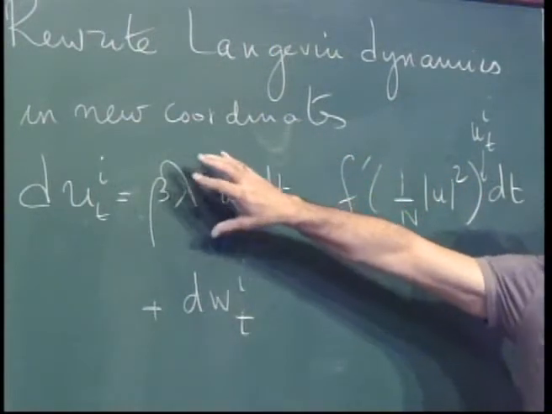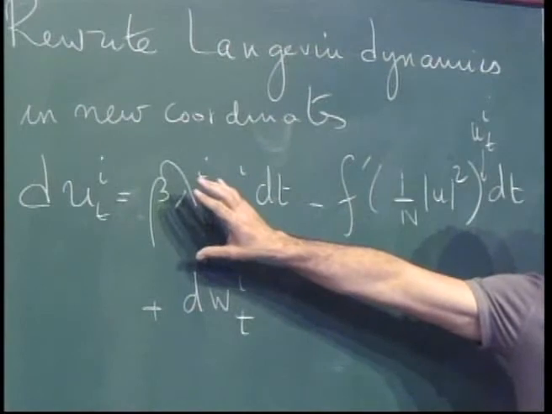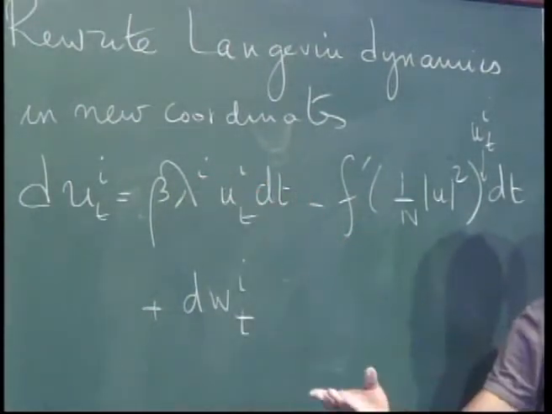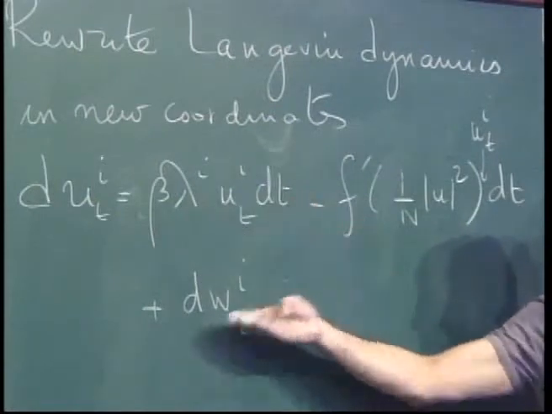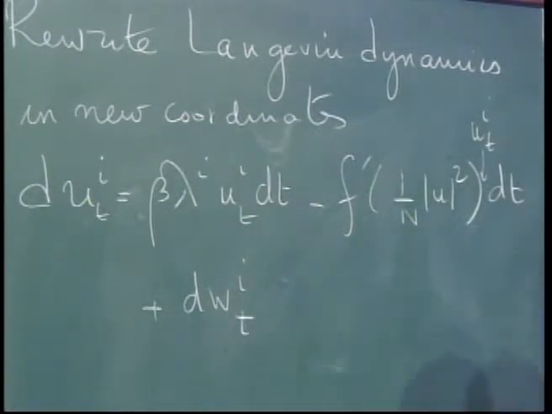Now you have negative modes, and this will be an Ornstein-Uhlenbeck. You have a negative constant times UIT dt plus Brownian motion. It's an Ornstein-Uhlenbeck, but it's mixed. It's a mixture because these lambda i's are random. So you mix randomly different Ornstein-Uhlenbeck processes, and that's it.